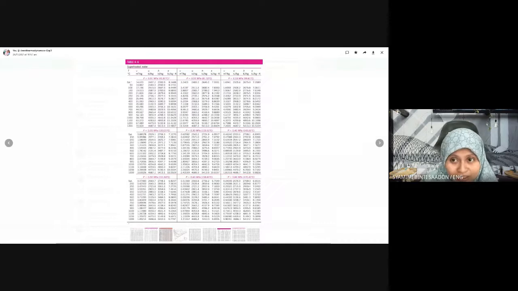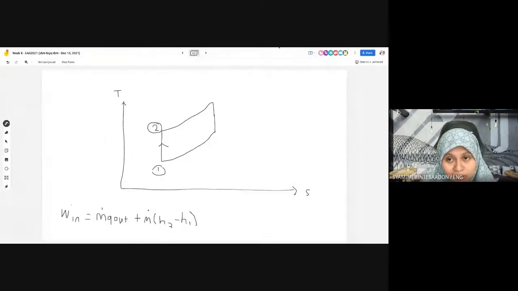I look back at the TS diagram, the one that I drew just now. So we are searching for the H1, location 1 here, kan. So it is compressed air. Remember the question, compressed air. Air, so vapor, gas lah, not liquid.